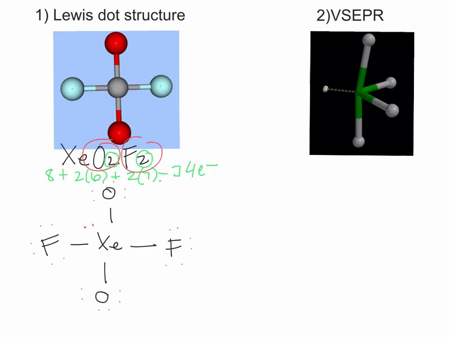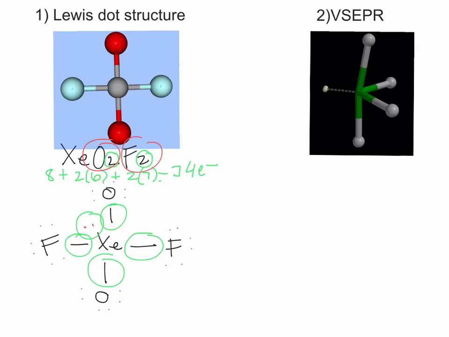Now I will be drawing out the VSEPR diagram. To do so, we will take into consideration the number of bonds and will include the lone pair. Now that's 1, 2, 3, 4, 5. The number of electron groups is used to determine what category the molecule falls under.